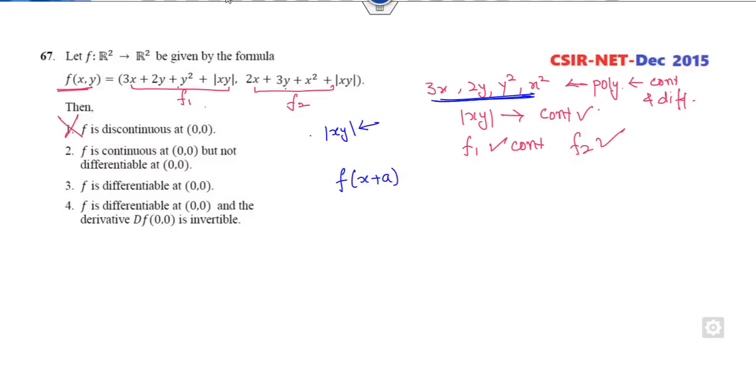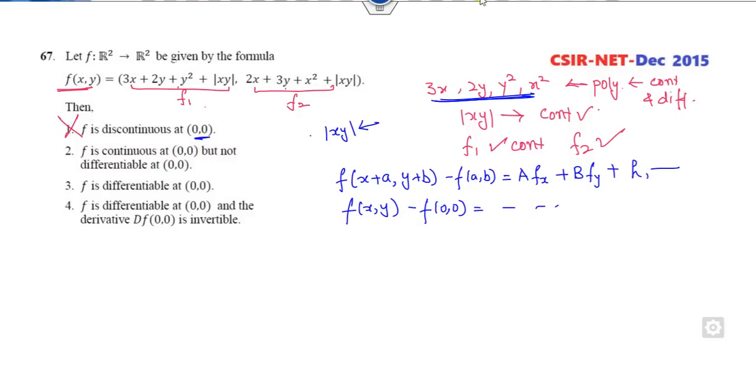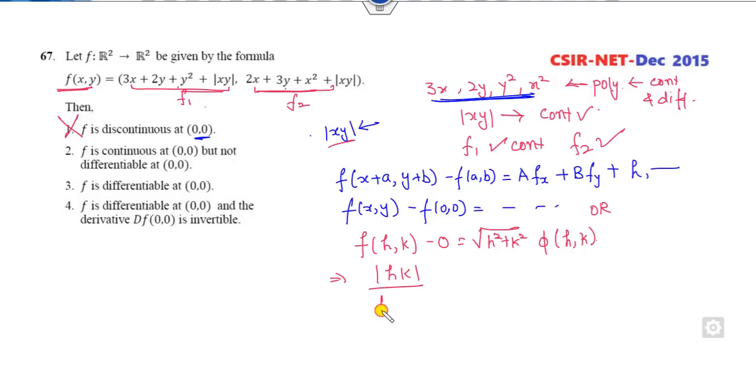We can use the several-variable formula. In general form, it is f(x,y) minus f(0,0) minus A h minus B k, which equals a function of h and k, where A and B are the partial derivatives with respect to x and y, which are 0, 0 here. Since f(0,0) is 0, this is a function of h comma k, and we divide it by the square root of h squared plus k squared, which is phi of h comma k.